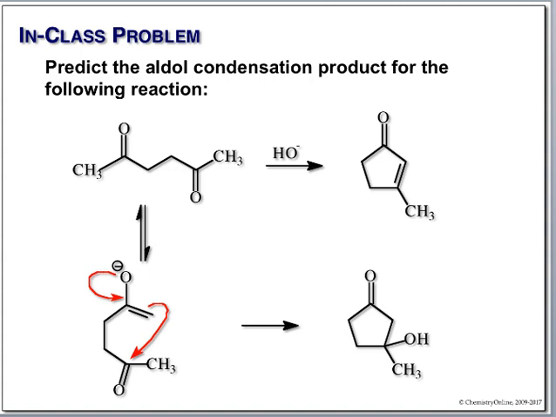Now all we have to do is acidify this a little bit, and by George, we have the alpha-beta unsaturated carbonyl. Lots of interesting molecules can be made using internal aldol condensations.